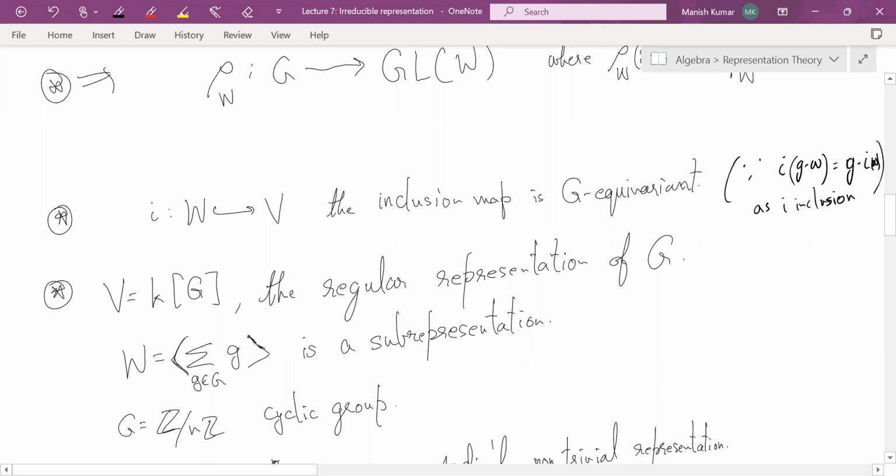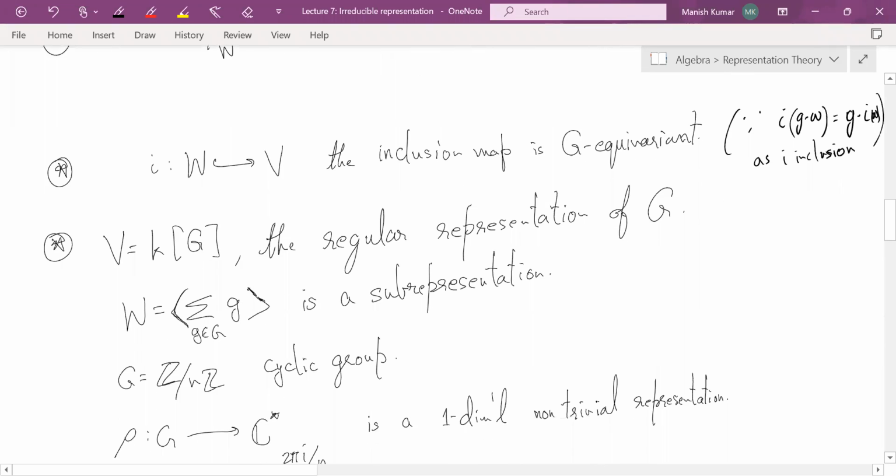Another way to give an equivariant map from a trivial representation: let W prime be the base field K, where G dot A is A for all A in K and G in G. So this is the trivial representation.